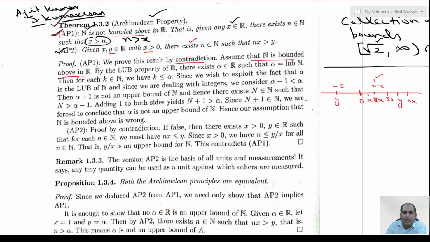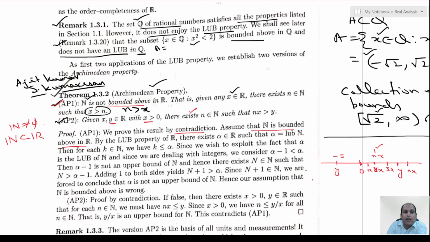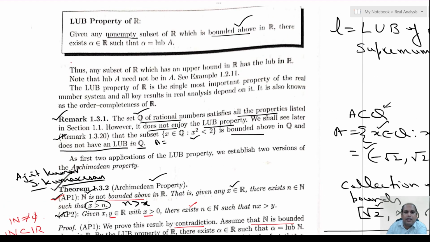Since N, the set of natural numbers, is a subset of R and it is non-empty, from the completeness property of R, every non-empty subset of R, if it is bounded above, will have a least upper bound.